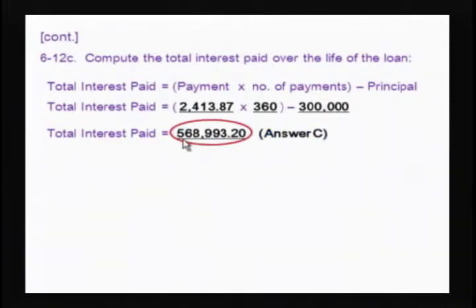So the total we repay, 360 payments of $2413.87, is $868,993.20. Take off the $300,000 that we borrowed, which is principal repayment, and that leaves interest being repaid of $568,993.20.